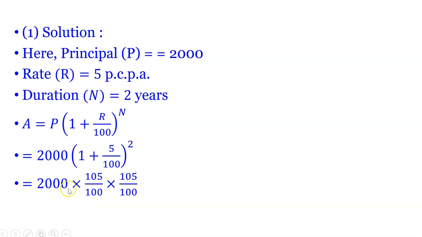That is 2000 into (100 plus 5) that is 105 upon 100, squared. It means 2000 into 105 upon 100 into 105 upon 100. And again, you can simplify it. That is 2 into 105 into 105 upon 10.